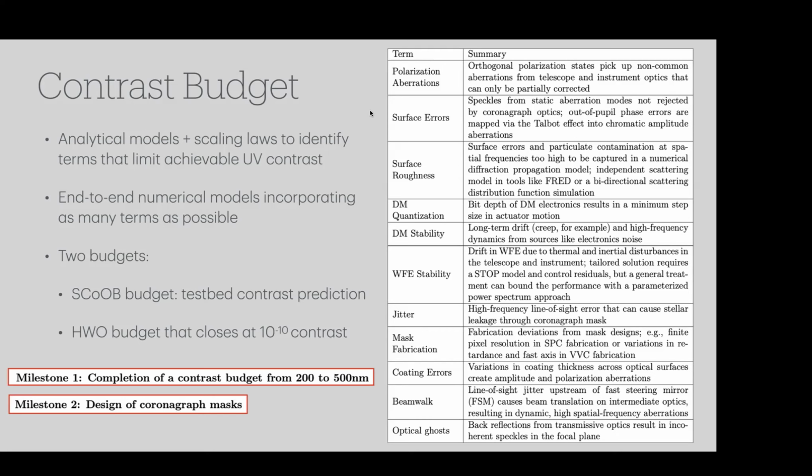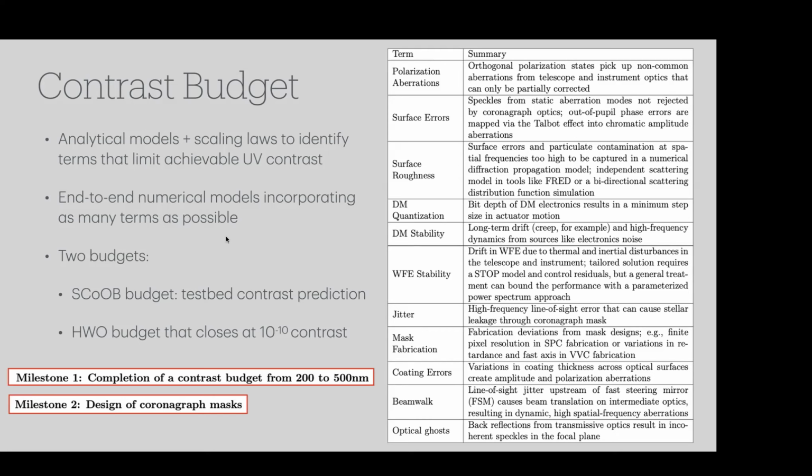And then combine that with end-to-end numerical models, where we take a Fresnel model and fold in things like the scattering analysis that Chris Mandillo does, and then other terms like beam walk, or your errors on your coatings and things like that.